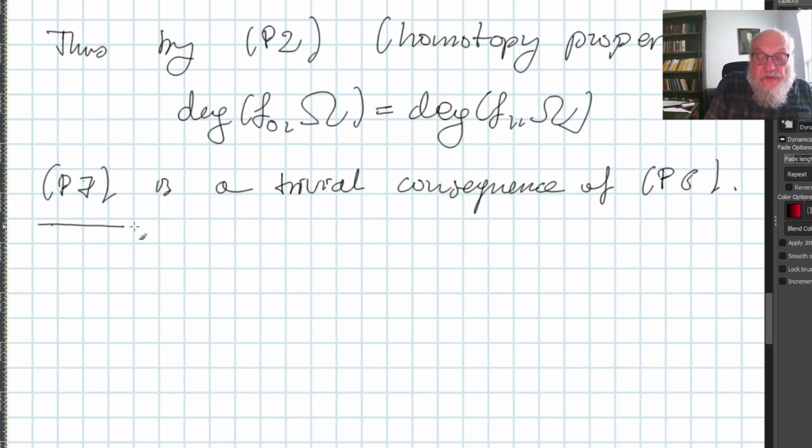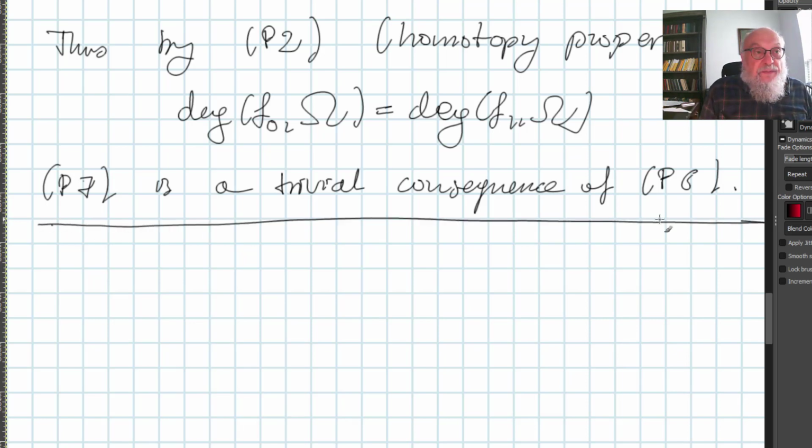Okay, and also the first elementary properties that can be easily deduced of the Brouwer degree from the three initial properties. We usually say that these first three properties, P1, P2, P3, are the axioms of the local Brouwer degree.